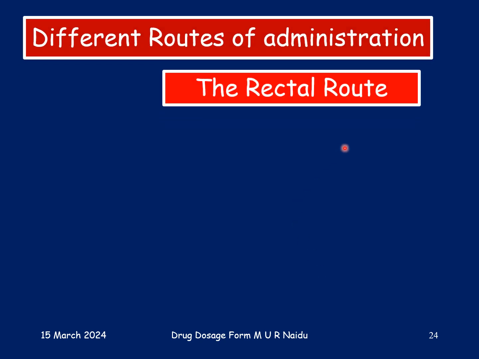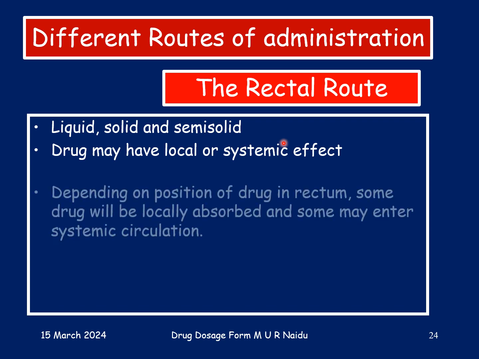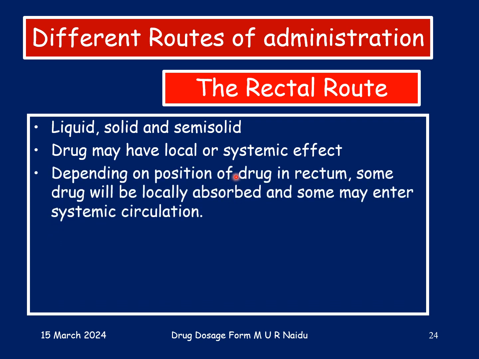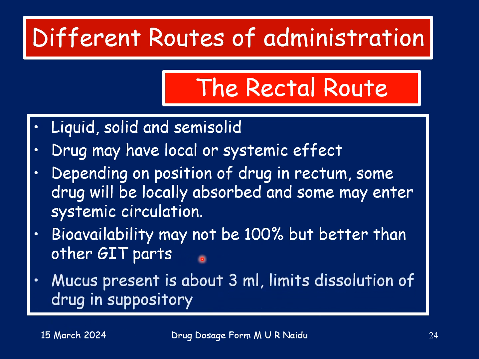Buccal mucosa is the area between the upper lip and the gums. Different route of administration, rectal, where liquid, solid or semi-solids are used. Drug may have local or systemic effect. Depending on the position of the drug in the rectum, some drugs will be locally absorbed, some may enter the systemic circulation. Bioavailability may not be 100% but is better than the GIT route.